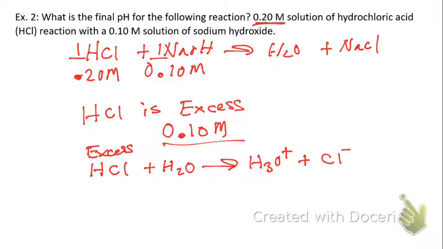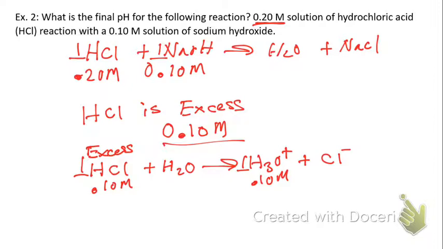All right. So if I have 0.10 molar of this, then all of that should be converted into the hydronium ion, since it's a 1-to-1 ratio here. So all of the excess will be ionized into the hydronium ion.